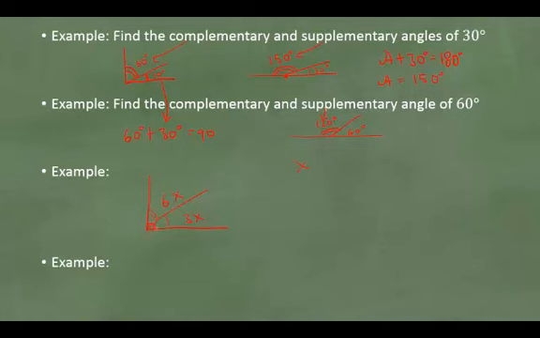This is a total of 90 degrees. Well, we know 6x plus 3x has to equal 90 degrees. In other words, 9x has to equal 90 degrees. In other words, when you divide both sides by 9, x has to equal 10 degrees. So 3 times 10, 6 times 10, still the same numbers as before.